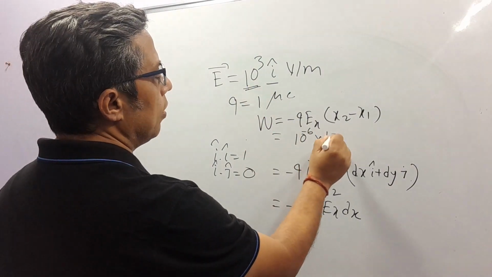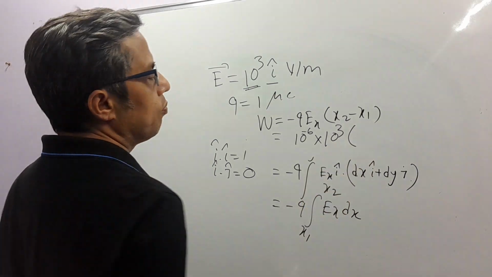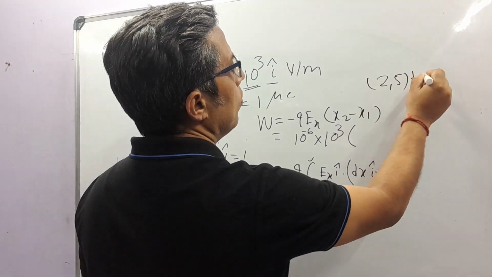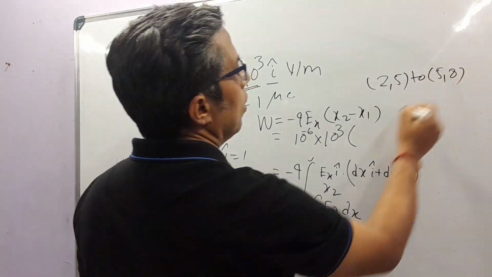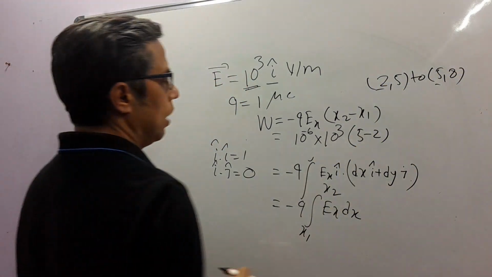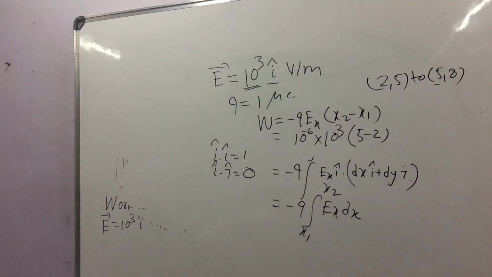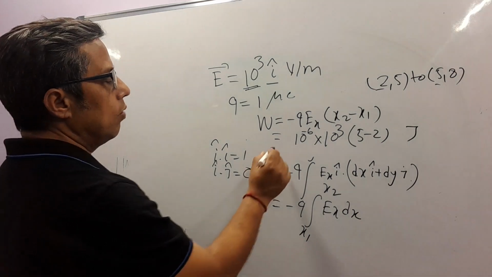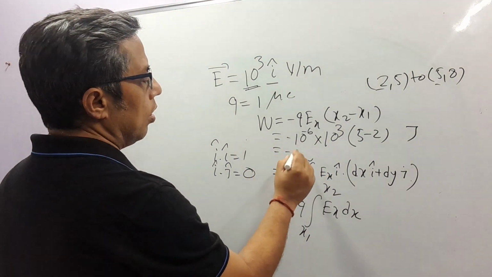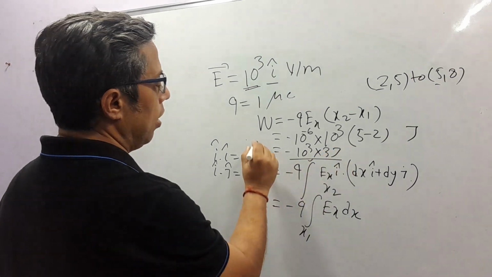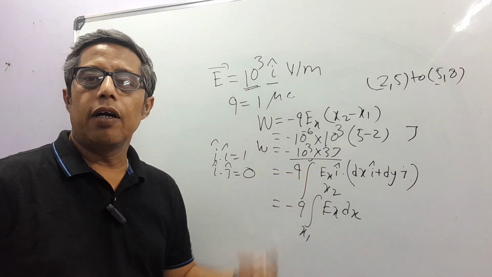Ex is 10 to the power 3. And the x points are 2 and 5, so it will be 5 minus 2, right? So this will be the work done, in joules. So it will be minus 10 to the power minus 3 into 3 joule. Okay. So this is the work done.